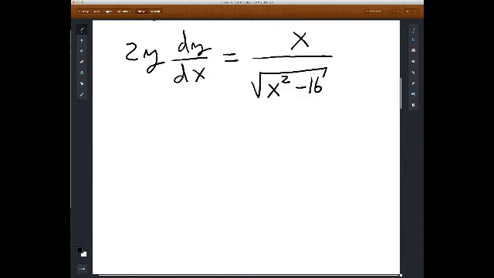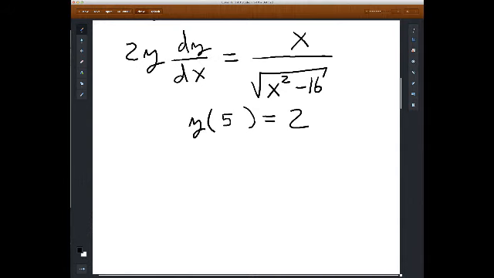And the initial conditions are, we know that y at, oh, at 5, when x is equal to 5, we know that y is equal to 2.